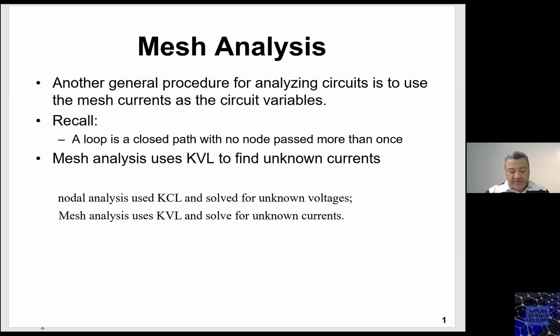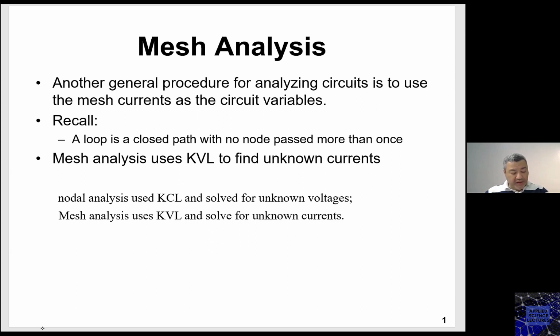The difference here is that we look at meshes, and our variables, as we will see, are currents assigned to those meshes. In nodal analysis, our variables were the voltages at the nodes that we identified as distinguished nodes. Here in mesh analysis, our variables are the currents that we assign to those meshes.